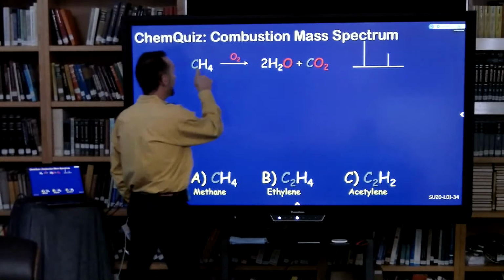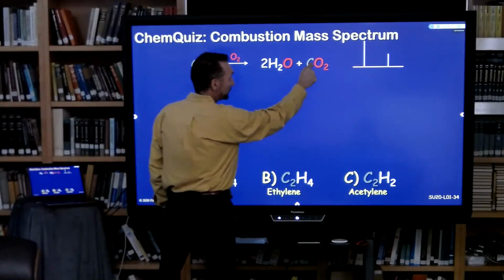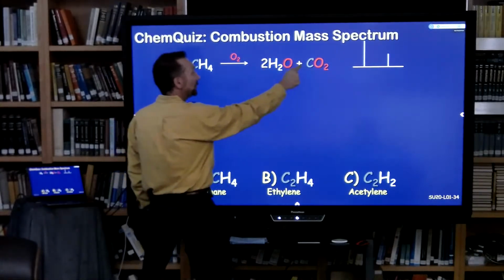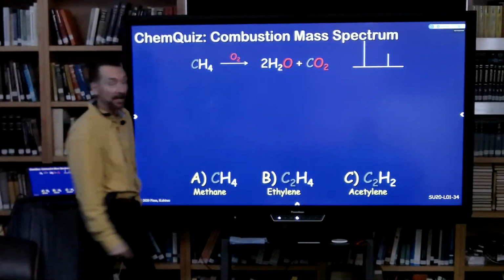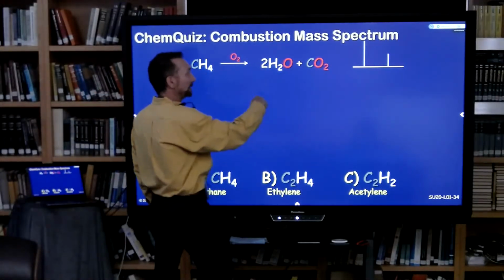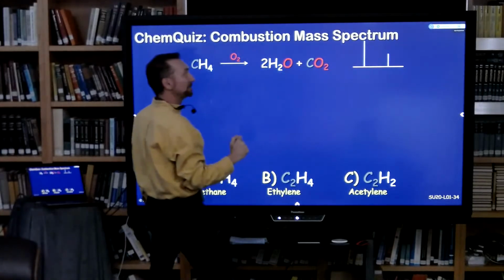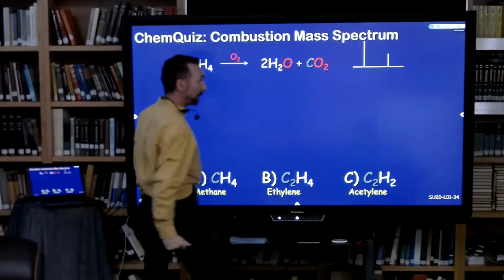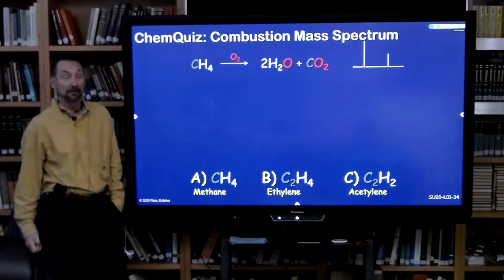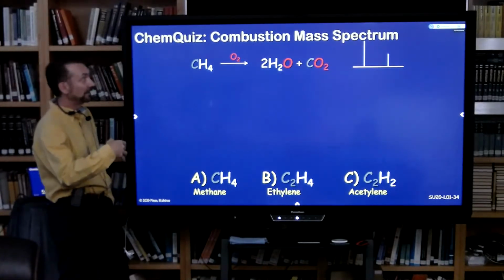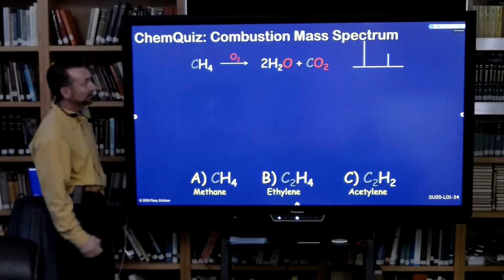So if you burn methane, you would get 2 water molecules for every carbon dioxide, because the ratio has to be 4 hydrogens for every carbon dioxide. So 2 molecules, or twice the relative mass showing up in your mass spectrum. Mass spectrum counts all the particles, and water particles have relatively half the mass of carbon dioxide particles.